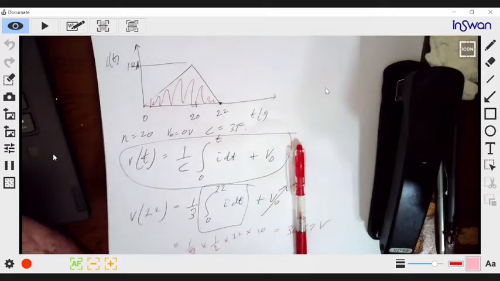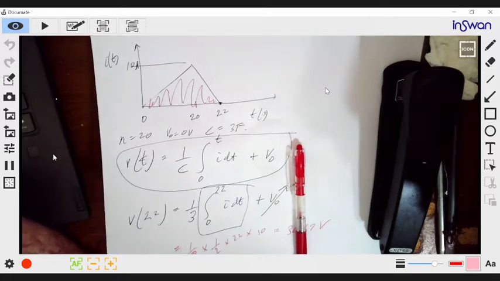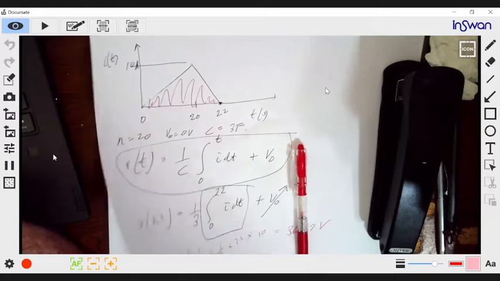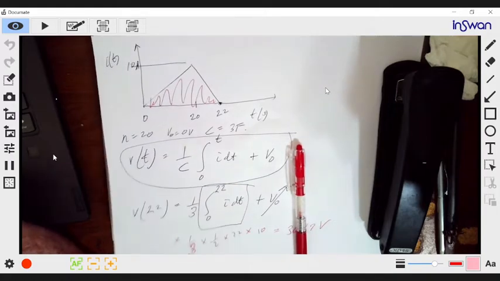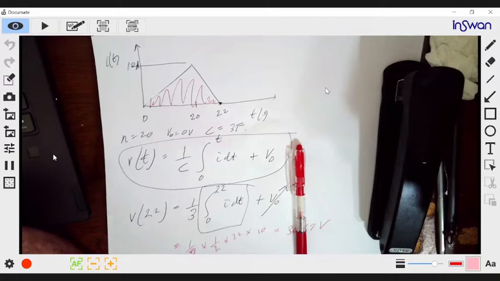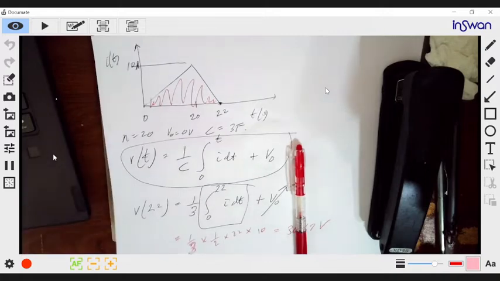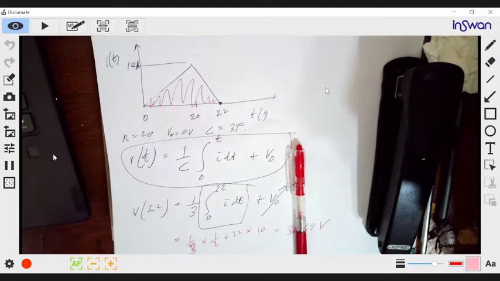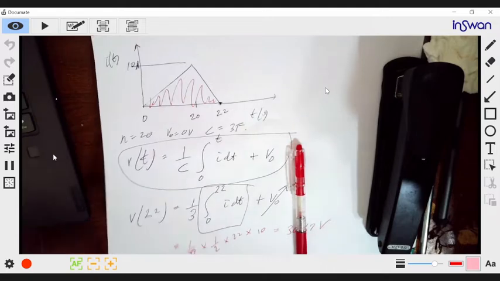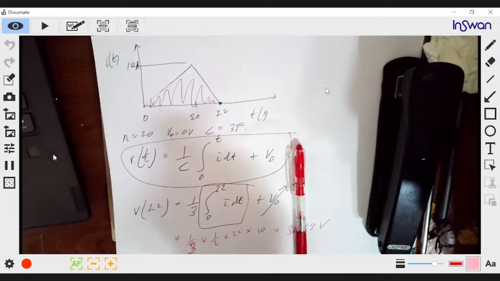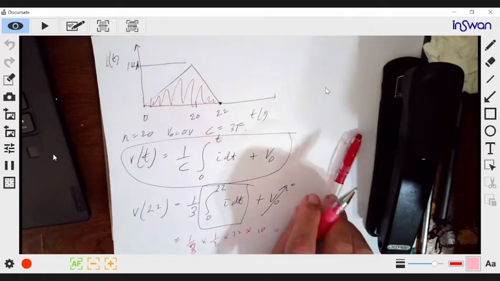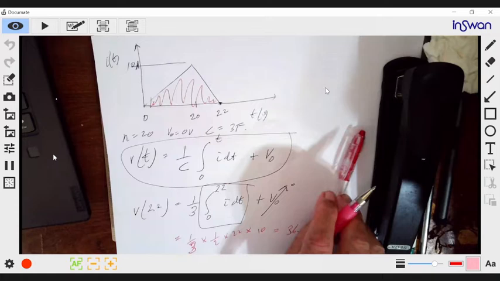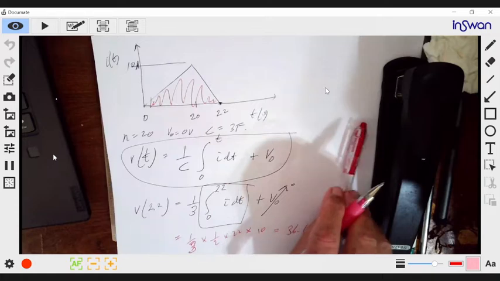What do you think V of t is going to look like? Well, I'll tell you, one person tried to do it this way. He tried to find V of t first, and then from the equation of V of t, write in V of n plus 2.